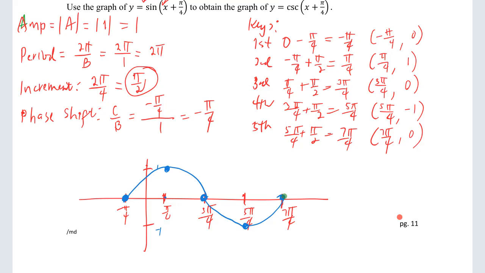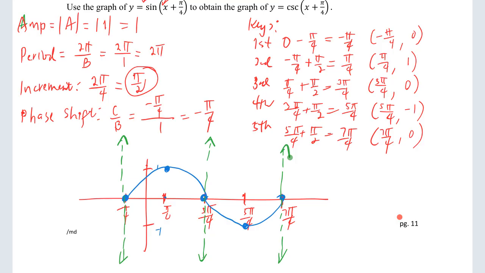How are we going to graph its reciprocal, which is the cosecant function? All you need to do is draw those vertical asymptotes at the x-intercepts. These are the x-intercepts, meaning those are the points on the x-axis. So these are the asymptotes of the cosecant.